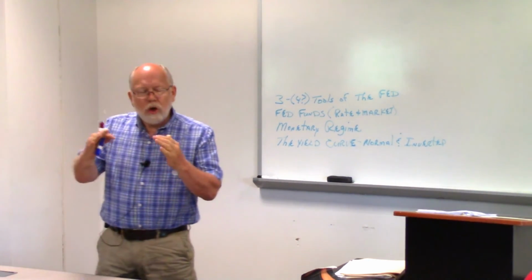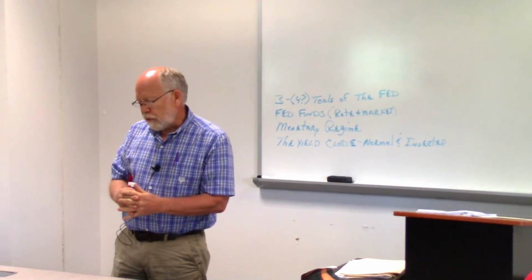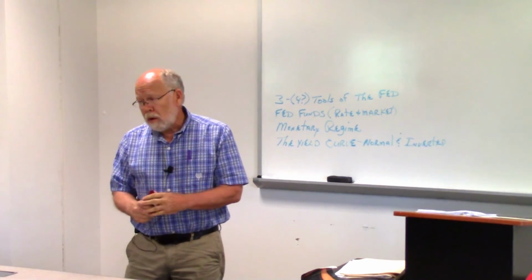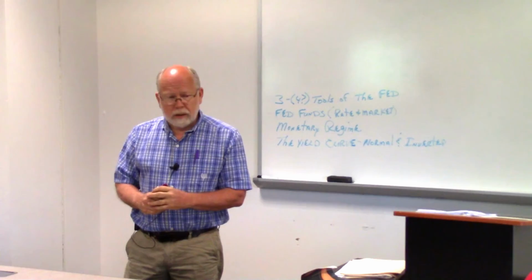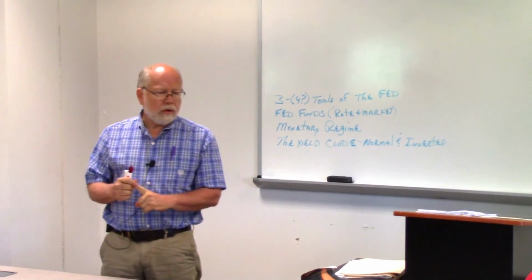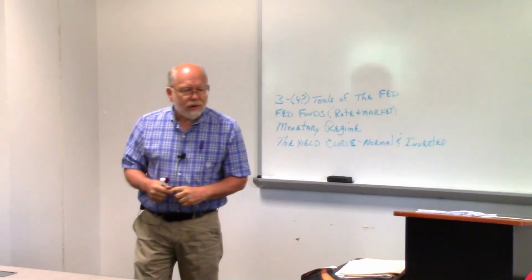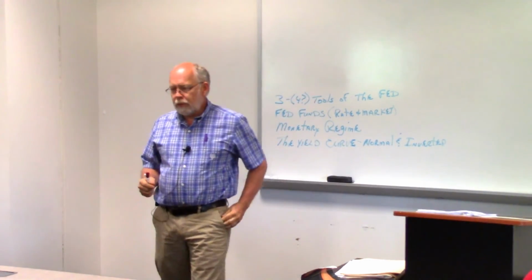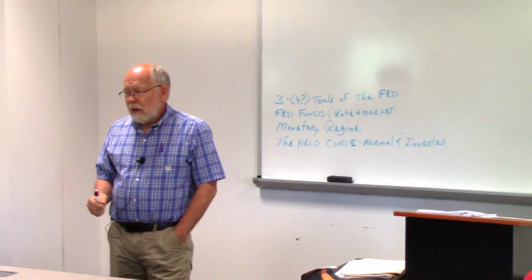If the Fed lowers the required reserve rate, then the commercial banks can create a whole lot more low-powered money. So the first tool that the Fed has for controlling the money supply is either increasing or decreasing the required reserves of the commercial banks.